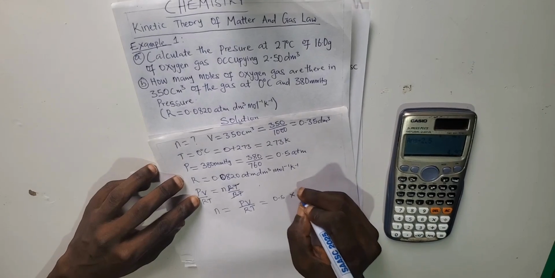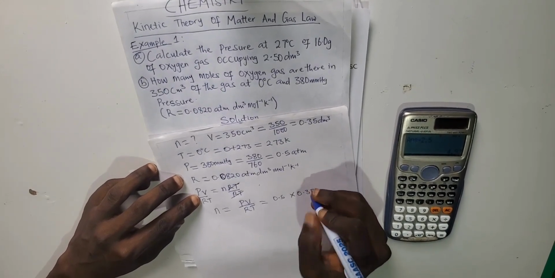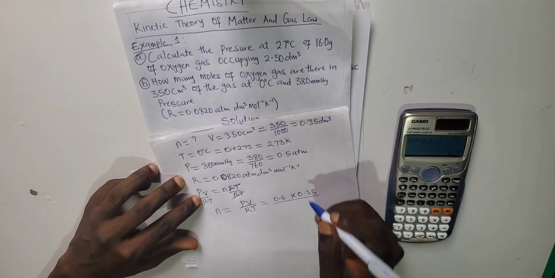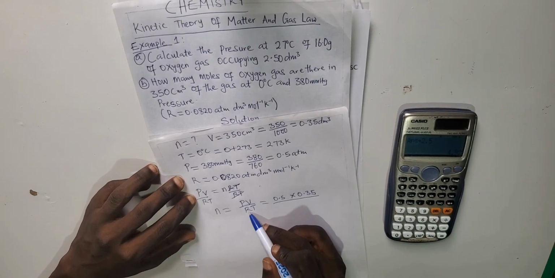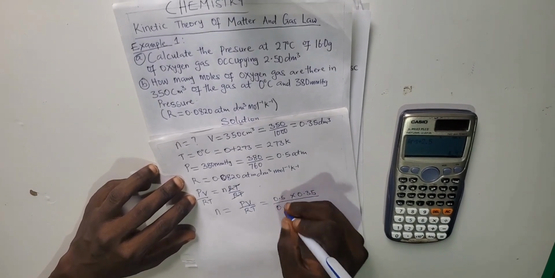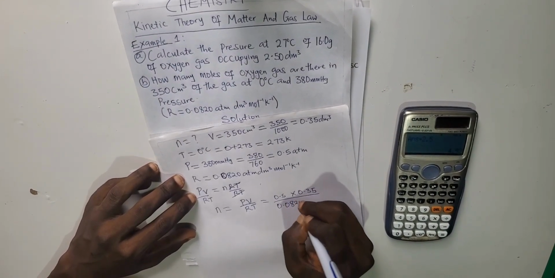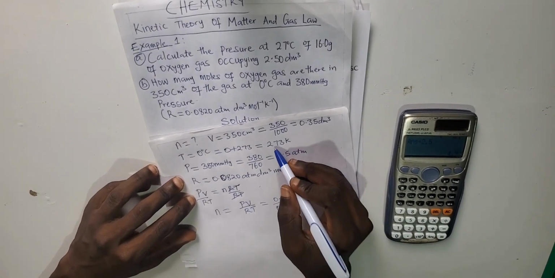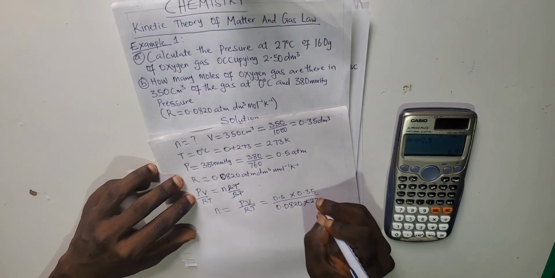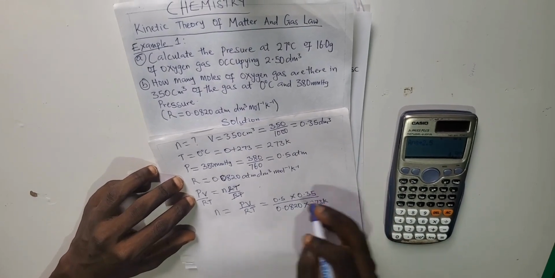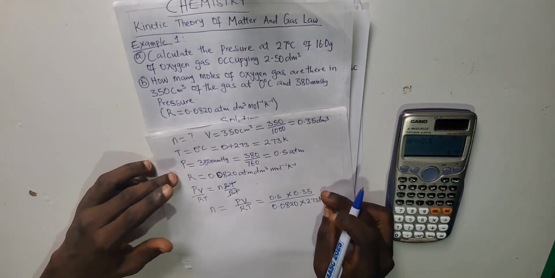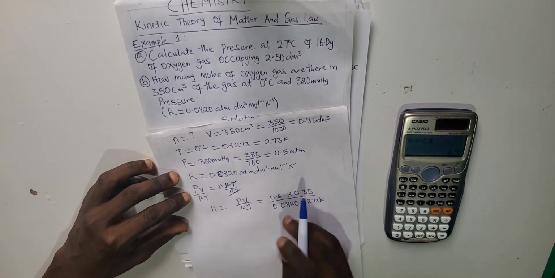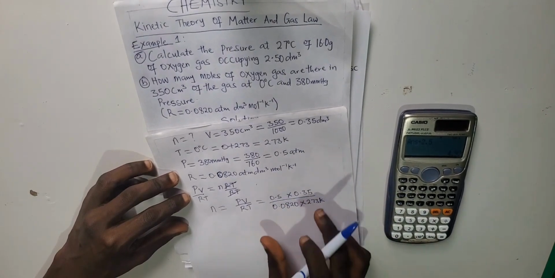That is 0.5 multiplied with 0.35, divided by R, our gas constant, that is 0.0820 times the temperature in Kelvin, that is 273 Kelvin. Oh, I didn't put the unit here. Yeah, you can put the unit, but I'm just trying to manage the space. That's why I didn't put the unit.